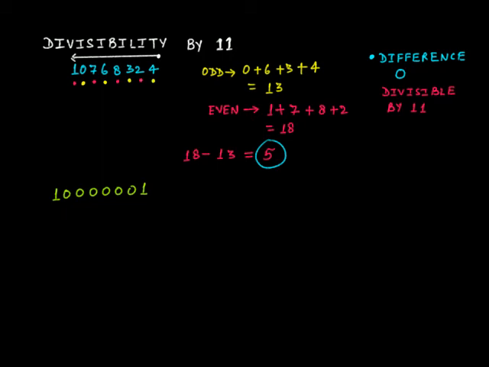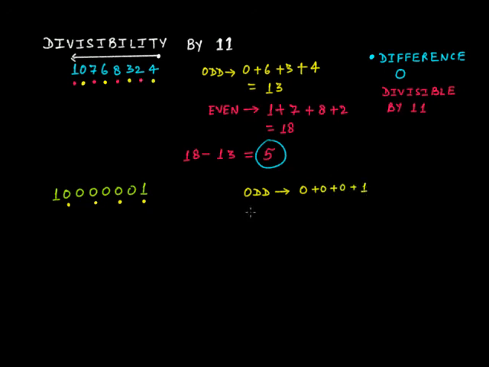First, take the odd positions. What are the digits present at the odd positions? Take their sum. At the odd positions, you have the 1st position, the 3rd, the 5th and the 7th. If you add them, you have 3 zeros and you have a 1.